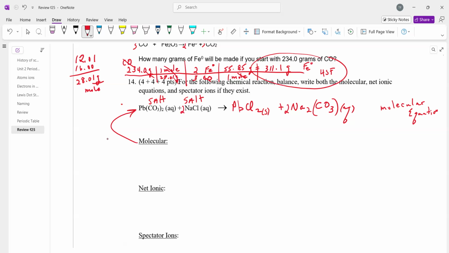On the answer key, did I change the PbCO3 to just plain CO3? Oh, that's fine.